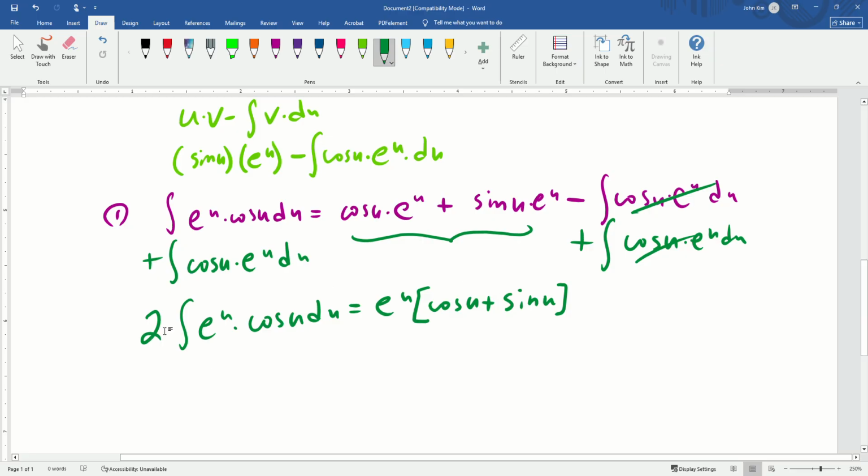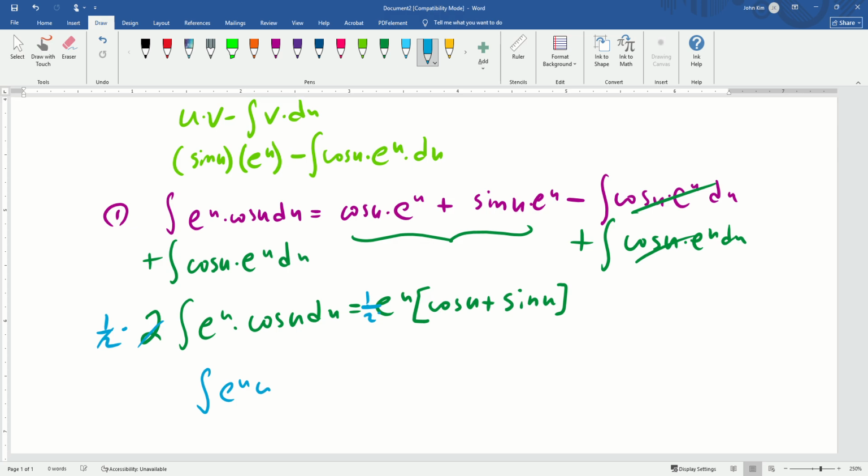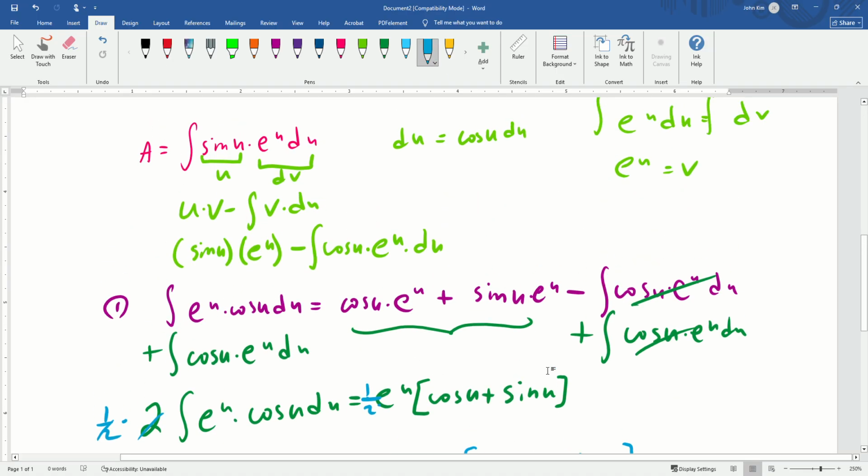How do you get rid of that 2? Well, we're going to divide by 2 or multiply by 1/2 on both sides. On the left side, you end up with integral of e to the u cosine of u du. You end up with 1/2 e to the u, parentheses, cosine of u plus sine of u, plus c. But what was our u?